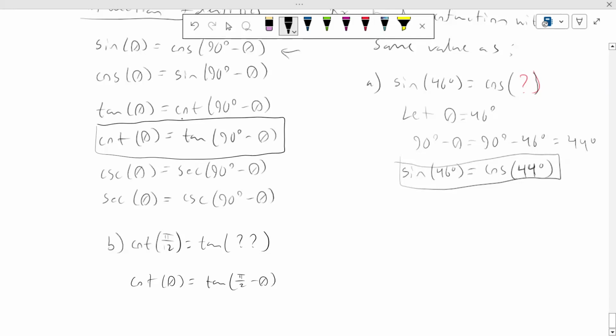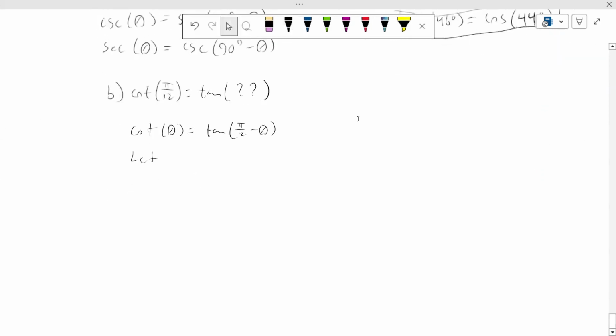So if we let theta be pi over 12, then we'll have that cotangent of pi over 12 will be equal to tangent of pi over 2 minus pi over 12.